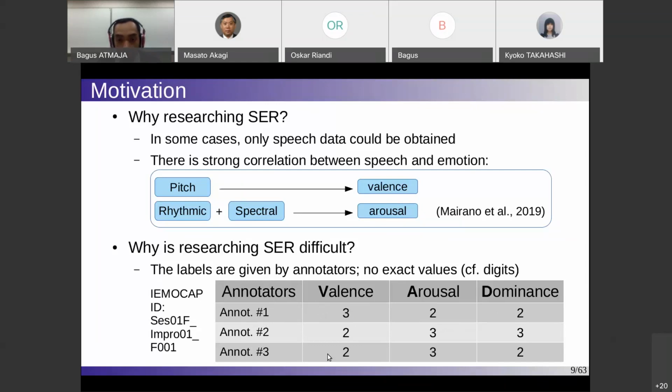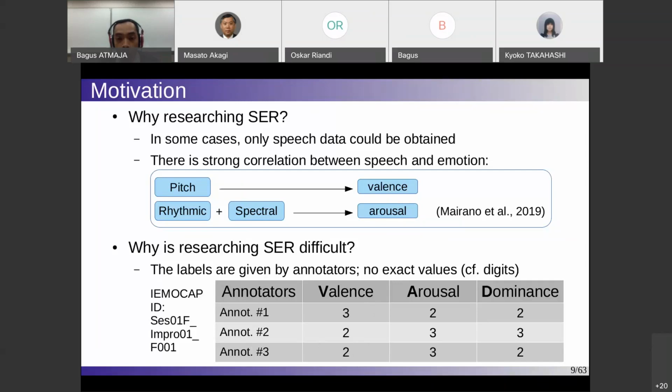So it is difficult to judge the true label here because we don't have any true label, because there is more than one label. So usually we use the mean value of some annotators, for example, 3 or maybe 5. The more the better, and we measure the agreement between raters. If the agreement is high, we can use this one.